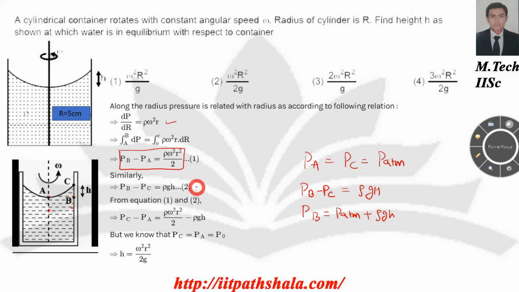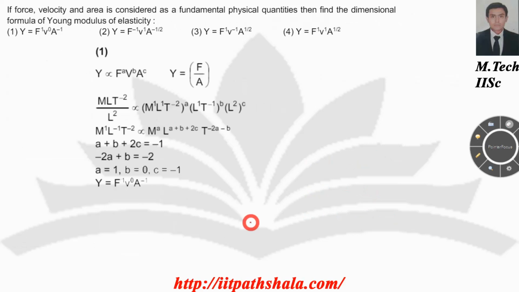Okay, so using these two equations, substituting and mathematically finding the expression, I can say that my height is coming out to be omega square r square by 2g. So it was a very simple question you can expect from the fluid chapter itself.